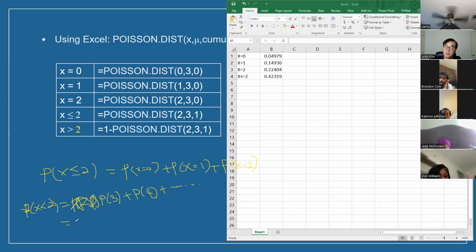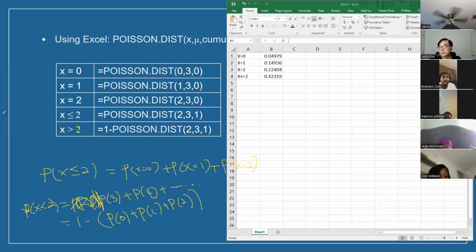So it is the same as 1 minus P0 plus P1 plus P2, because it started from P3. So up to 2, 1 minus up to 2.